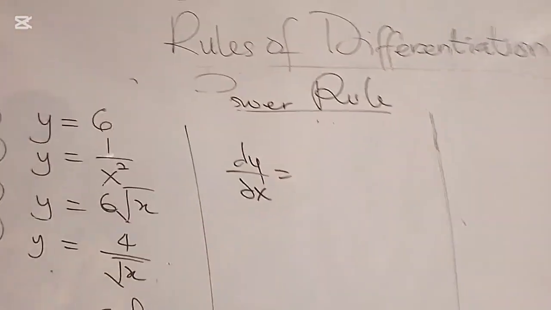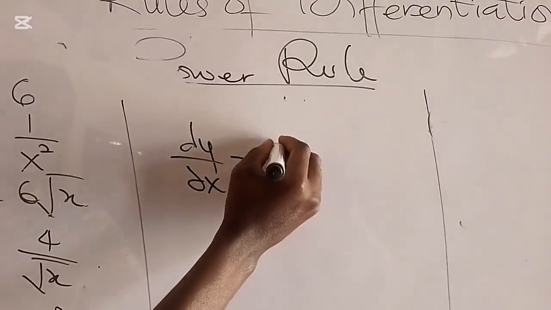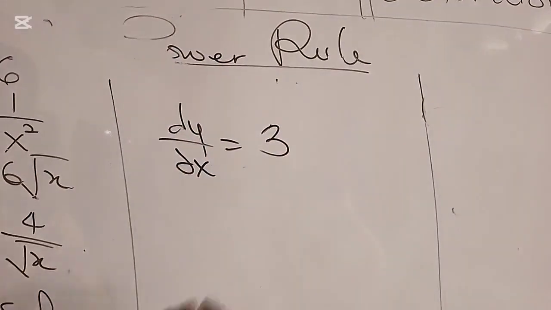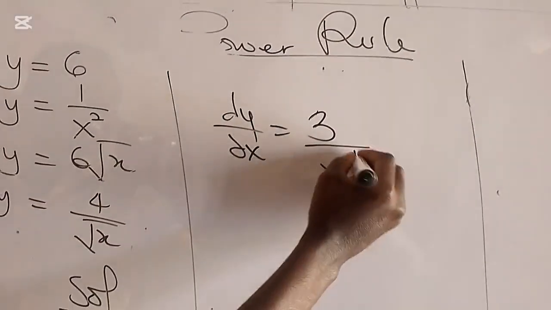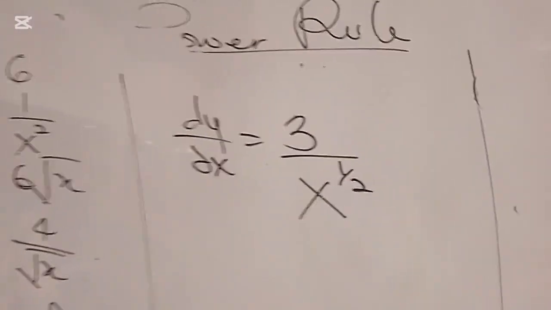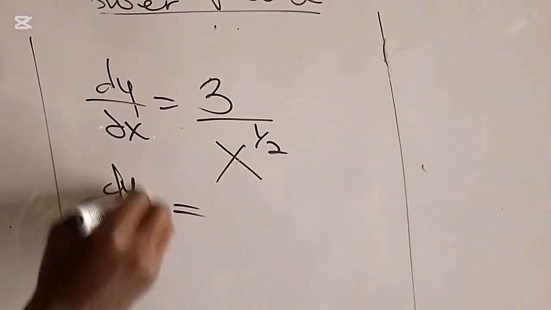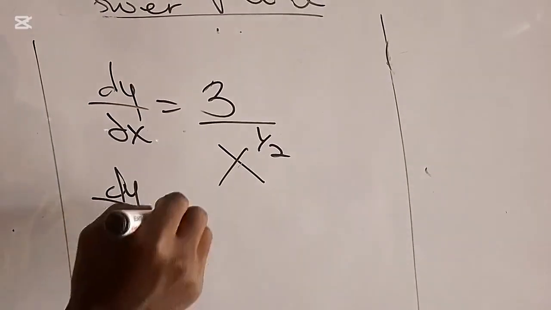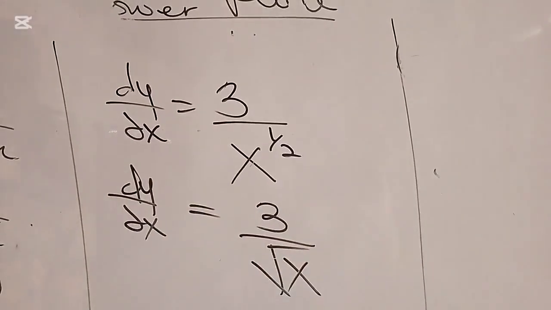Our dy/dx will be equal to 3x to the exponent negative 1 out of 2. So finally our dy/dx will be equal to 3 over root x.